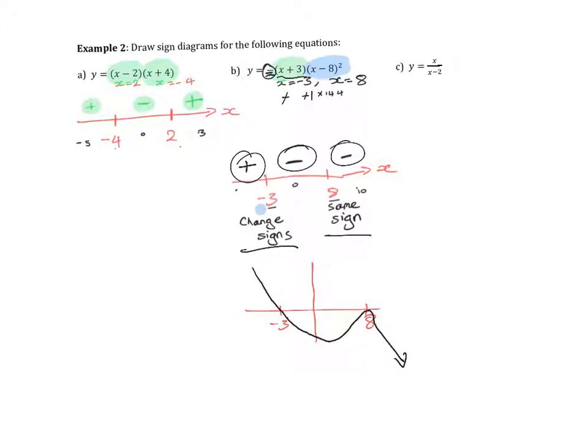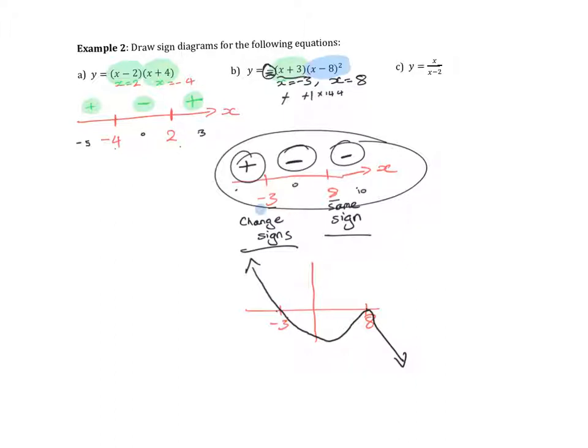Oops, well, that was a bit of a wonky one at the end, but that's what this means. So -3 and 8 are x-intercepts, so we have to touch the x-axis at those points. And then the signs, the positives and negatives, tell us whereabouts we are. So if you were to graph it on your calculator or Desmos, it would look similar to this, but not exactly because my drawing's kind of crap.